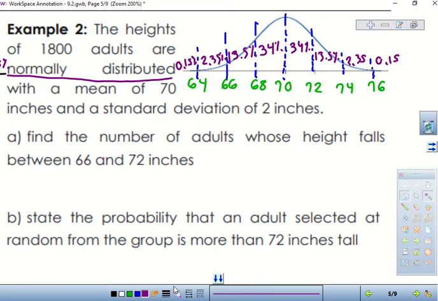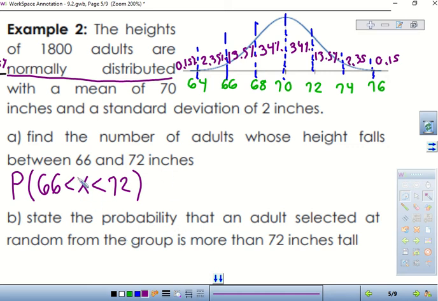And I'm going to show you how to use the proper notation here to write this out. It says find the number of adults whose height falls between 66 and 72. So how we say that is the probability of falling between 66 and 72. We write it in inequality notation.